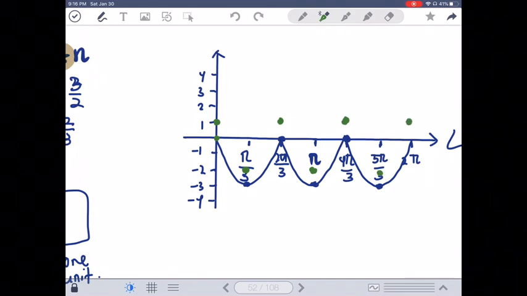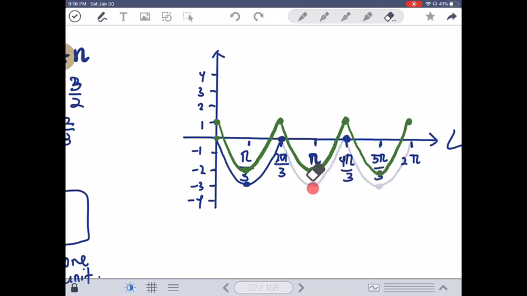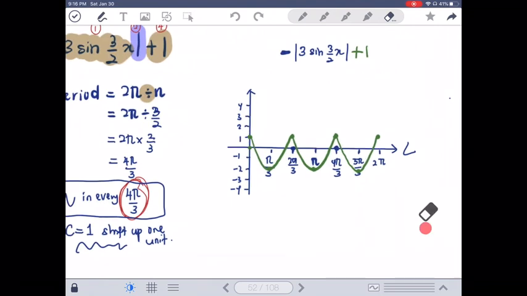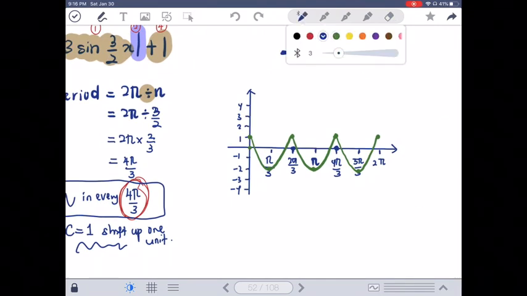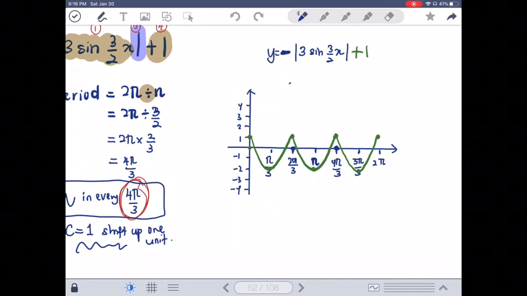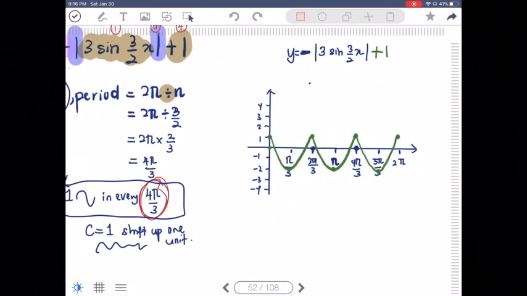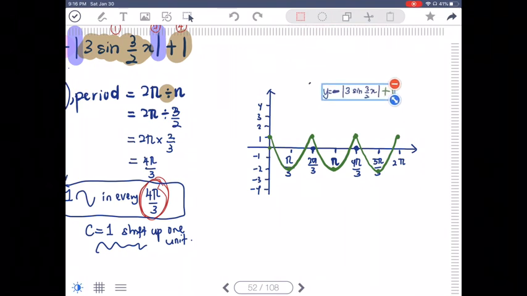So your final graph will look something like this. Now you can erase the previous graph. So this is the graph of y equals negative modulus 3 sine 3 over 2 x plus 1.